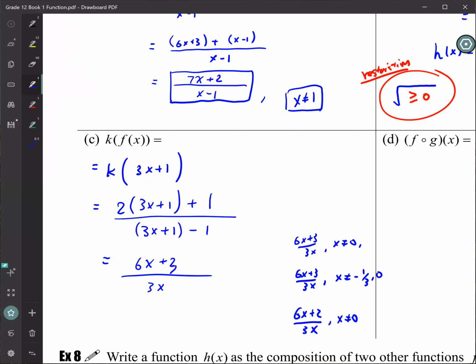They simplify, so it's gone. Yeah, very good. Okay, so this should be the answer, right, over here. Now let's check the restrictions.